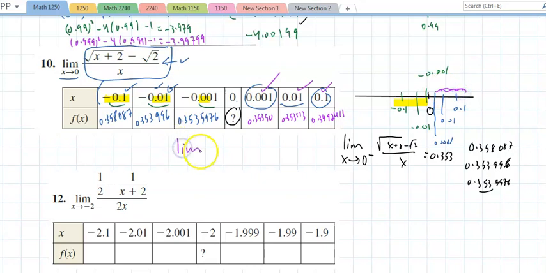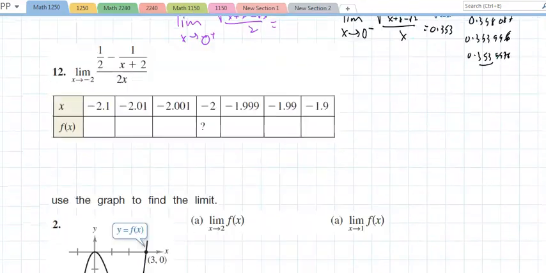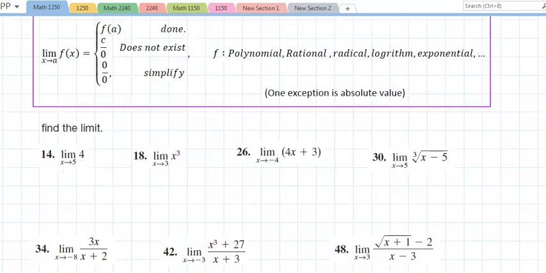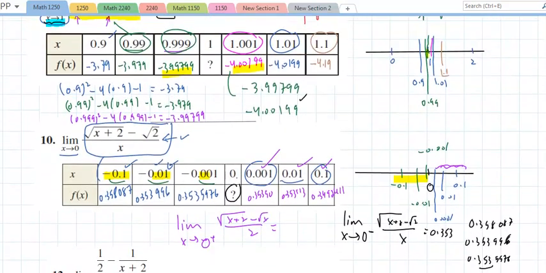We say the limit as x approaches 0 from the right of this radical x plus 2 minus radical 2 over x equals, and what did we get? Let me list those for you. I'm looking at, to the right, 0.3492411, 0.353113, 0.3535.